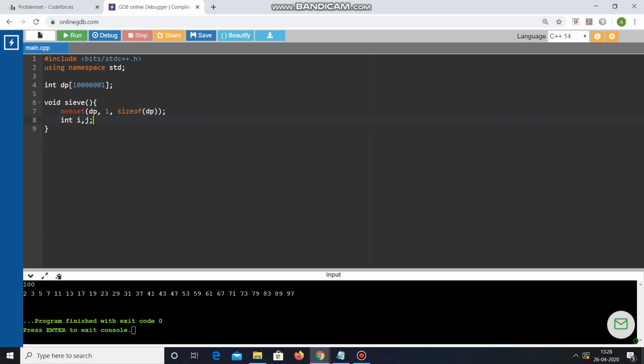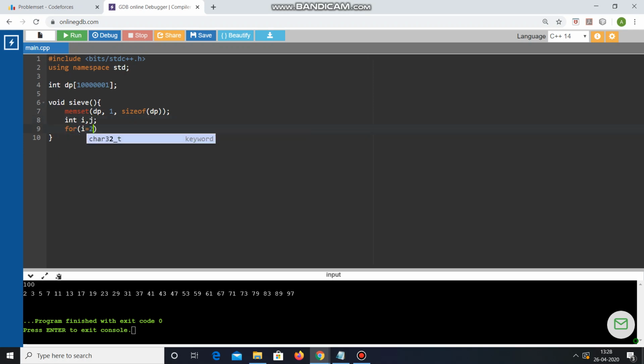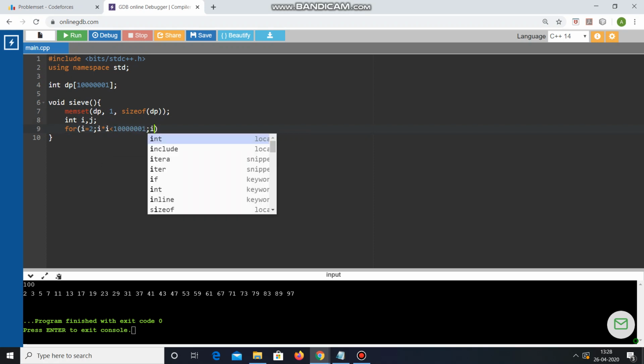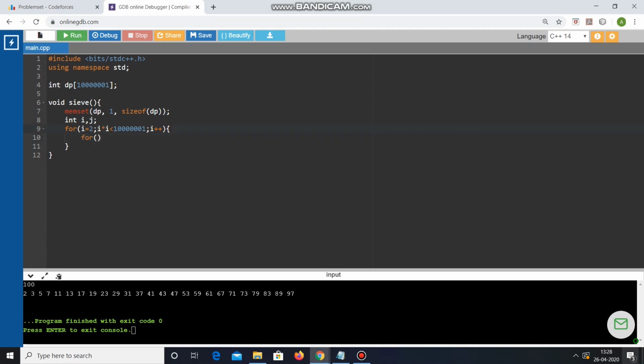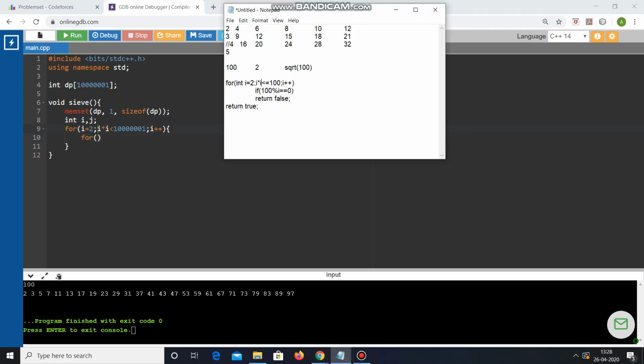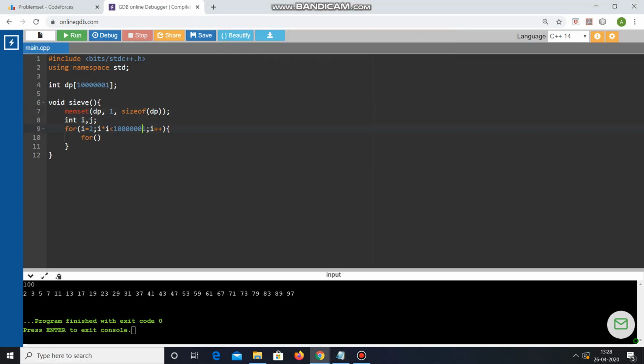Now we declare i and j. Now for i equal to 2, i squared less than n, because we are using this property so that we can reduce the time complexity, right? So j is equal to i squared. As I already told, all the subsequent multiples of i squared will be composite.